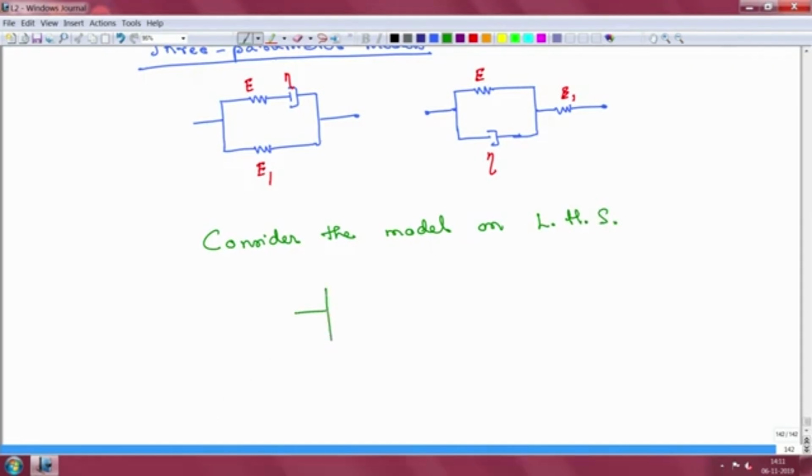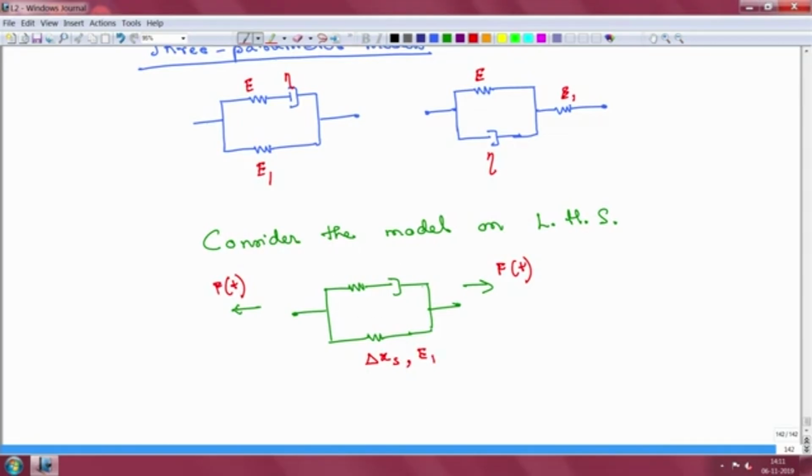So, what do we want? I am now going to start on labeling these. So, there is some force, let us say Ft, that is being applied to the entire system. Let us say this is your spring, your displacement in the spring, and we know that the moduli here is E1.